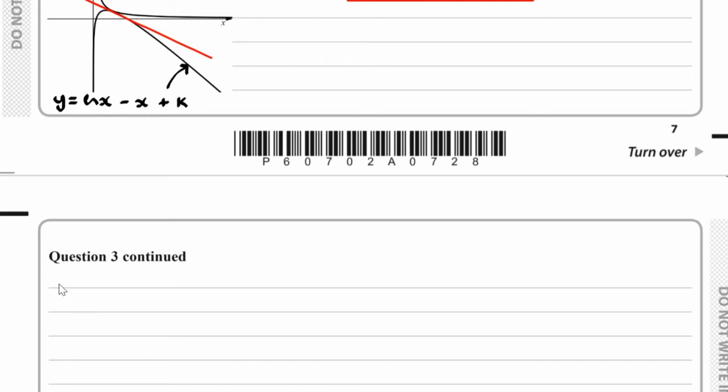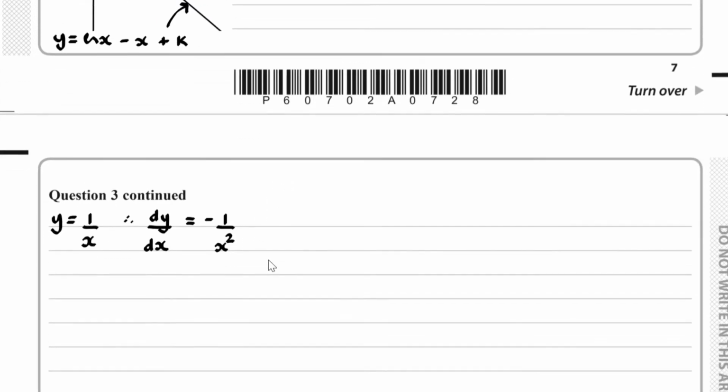So for part B, if I've got y equals 1/x, then I can differentiate this. dy over dx will equal negative 1/x squared.